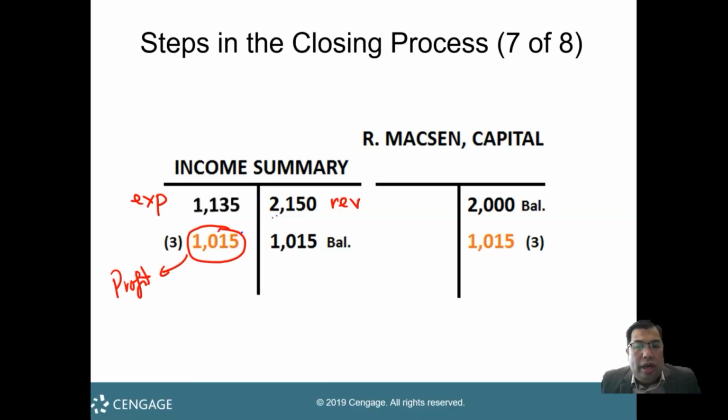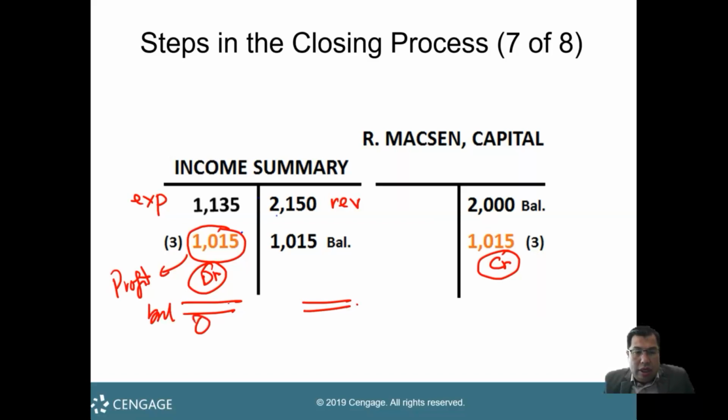So what I need to do now is debit this account and transfer, meaning credit my capital account. By doing this, you close your income summary account because the balance is zero. So debit income summary if you make profit and then credit your capital. Why credit capital? Because income increases capital.